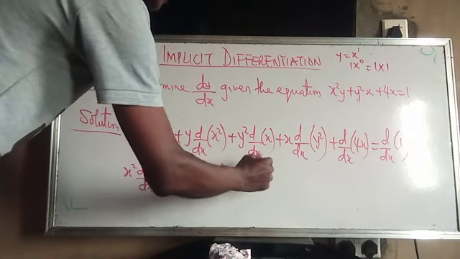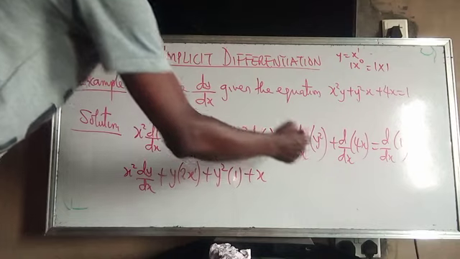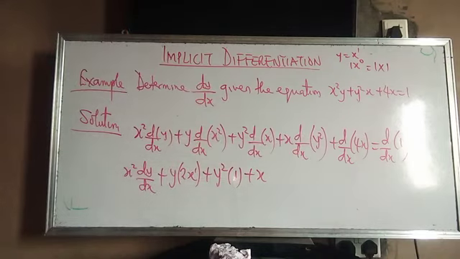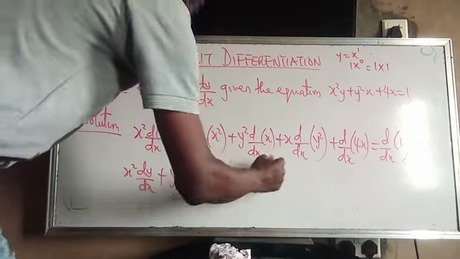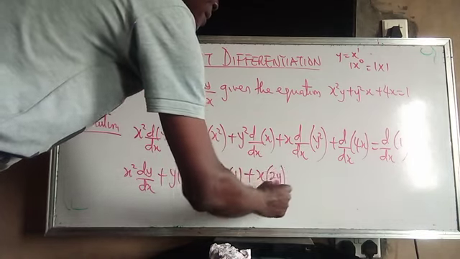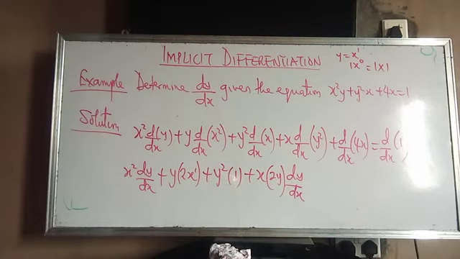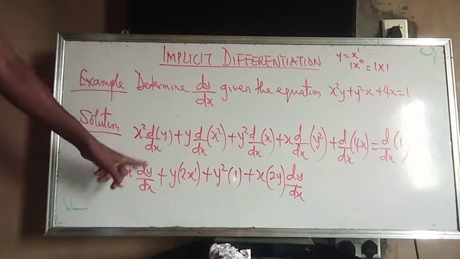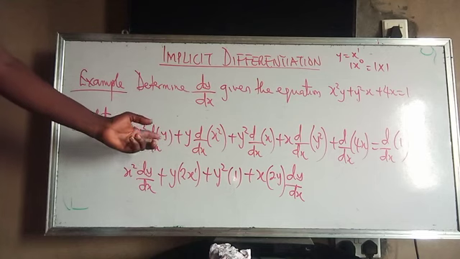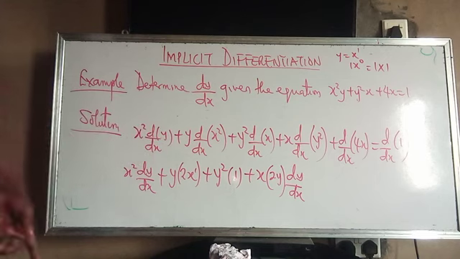Plus x is a constant now. Now, this one, you want to differentiate y squared. So that would be 2y, then dy/dx. I told you, anytime you differentiate y, you must write dy/dx. You'll be wondering, sir, but here we differentiate y, which is 1. So you have to write dy/dx. It's 1 times dy/dx, still dy/dx.